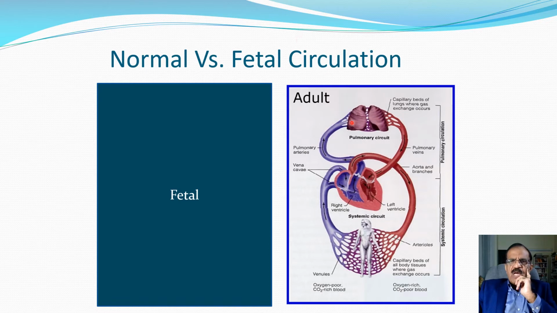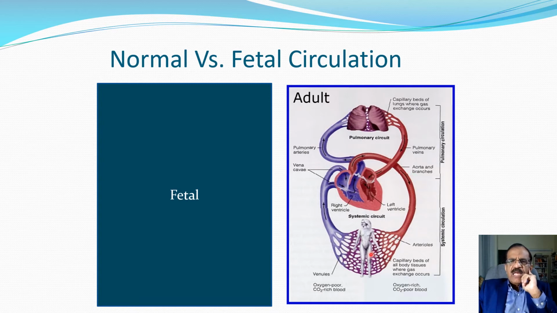In adults, our lungs are the ventilating organ. So the lungs oxygenate the blood. This oxygenated blood, coded in red, is brought to the left heart through the pulmonary veins. From the left atrium, it goes to the left ventricle, and then through the aorta it goes to the various parts of the body, including the brain.